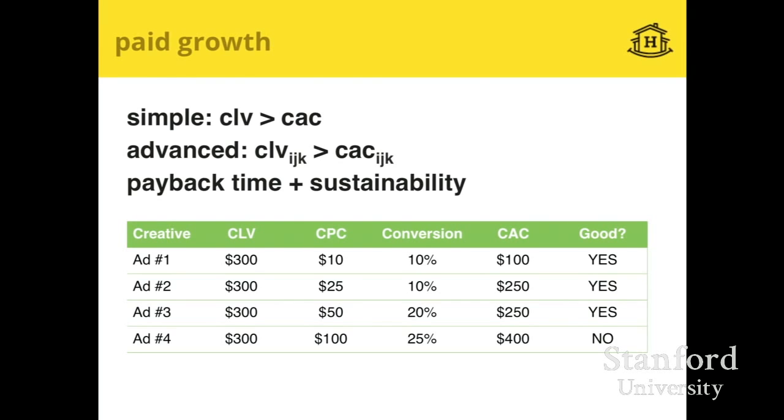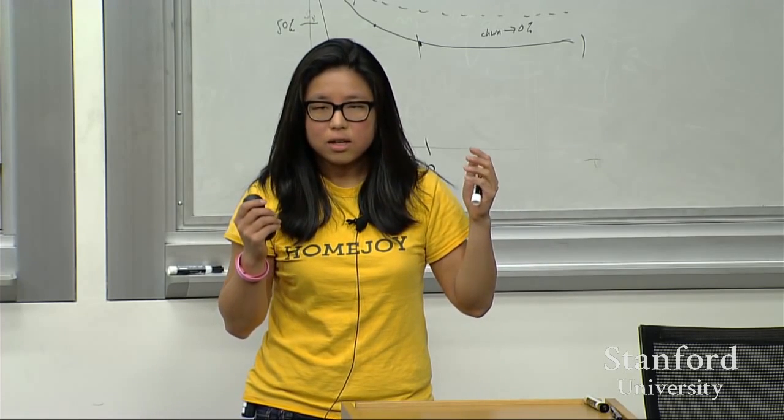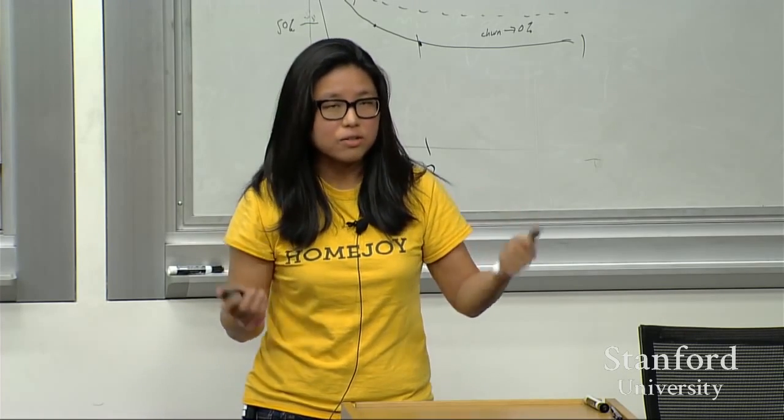Now, the advanced way of looking at it is this. You can look at this for your whole entire customer base, aggregating all your customers together. But the better way of looking at it is to break it down by customer segments. So if you're building a marketplace, I don't know, for country music, the CLV of someone in Nashville, Tennessee is going to be much larger than the lifetime value of someone in Czechoslovakia.